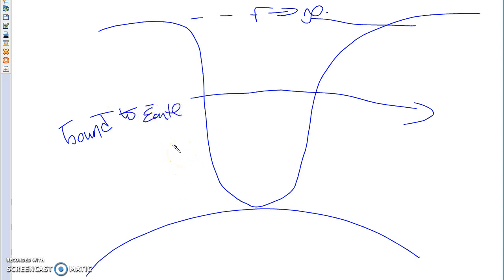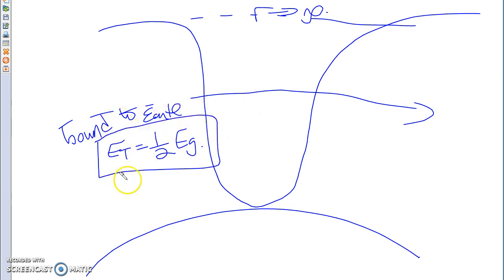Okay? When I'm bound to Earth, what energy do I have? According to this chapter, when you're bound to Earth, when you're in orbit, your E total is half EG. And you're probably wondering, what do you mean half EG? Well, don't worry, I'm going to explain how we got that. If I want to escape from my orbit, how much more energy do I need?